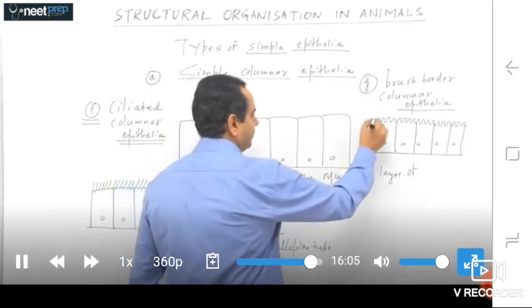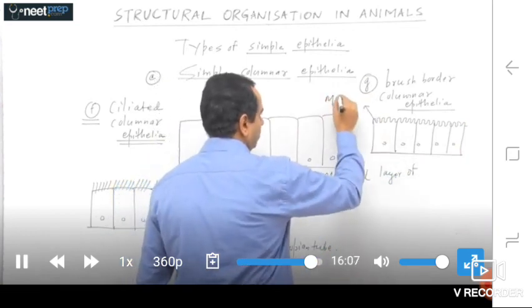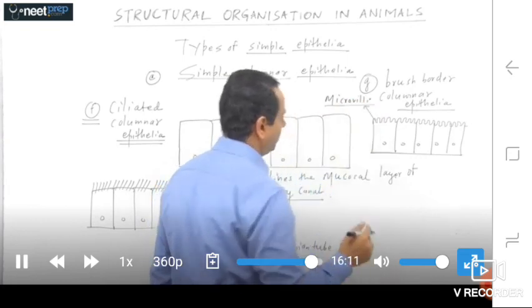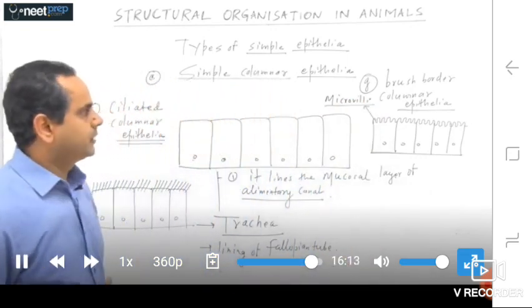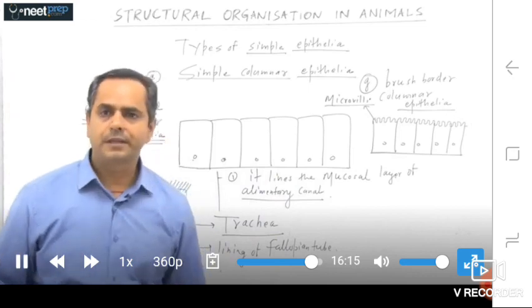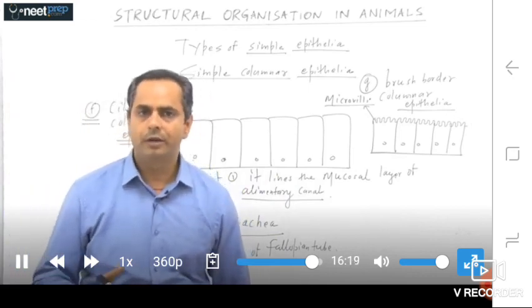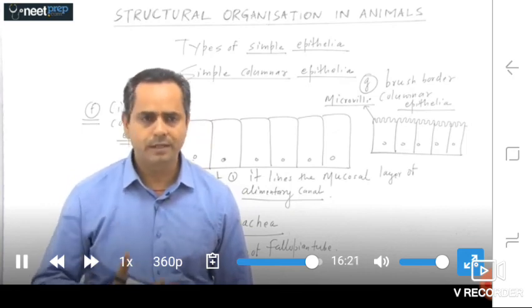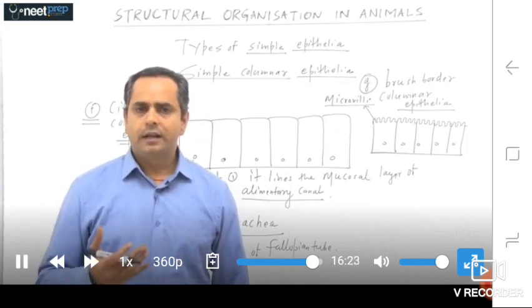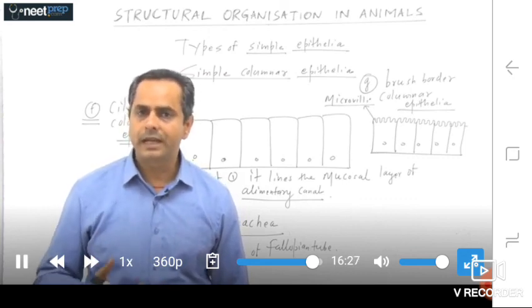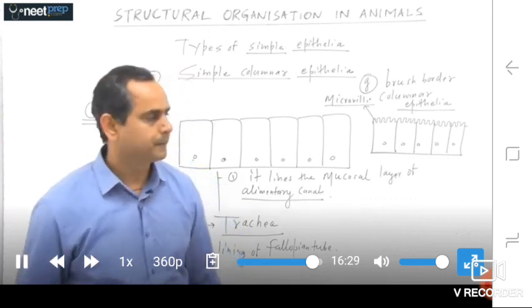This is the part of microvilli. And remember, this kind of structure is present in those areas of the alimentary canal where we talk about the activity of absorption. That is basically the inner lining of the ileum and jejunum, where maximum absorption takes place.